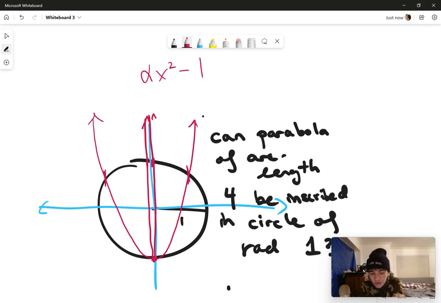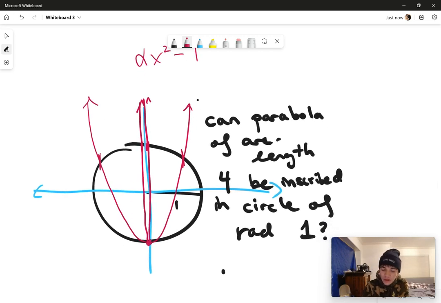But the question is, is this the most efficient way to fit in the parabola? Is squeezing it as far as we possibly can to get it to approach 2 diameters the most efficient way or not? It's not so intuitively obvious, but let's attack it that way and see what we can do.